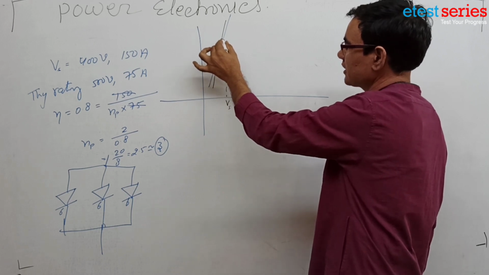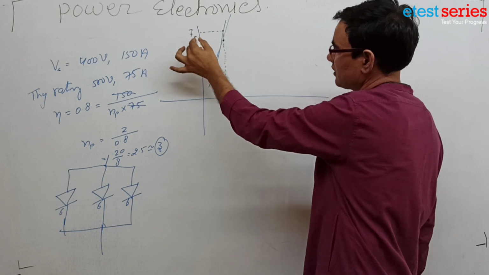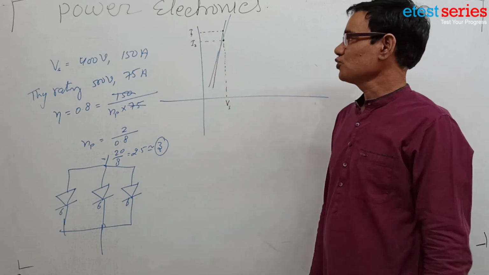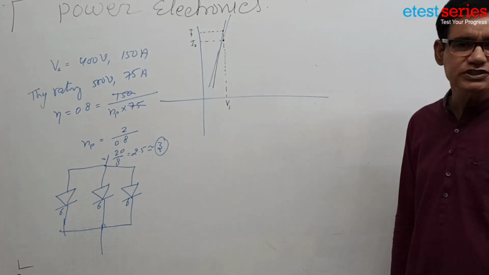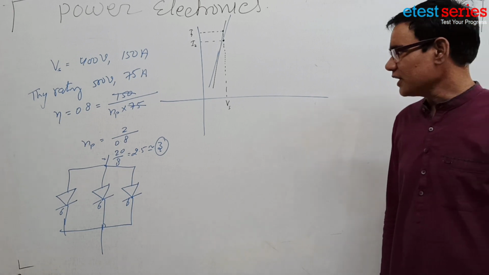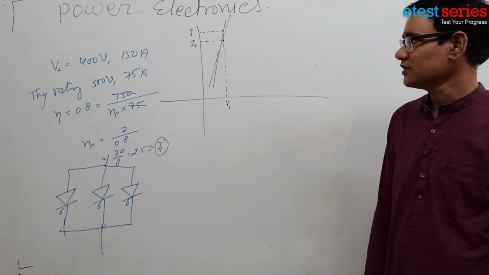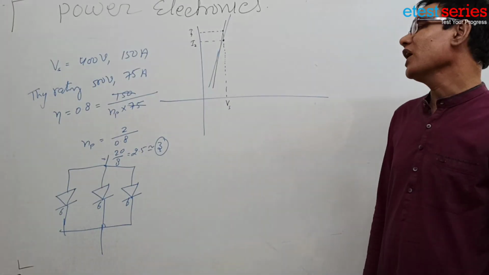One carries this current I1 and the other carries this current I2. So the two carry different currents, not the same. If the two carry different currents, then what happens? Then one gets overheated.